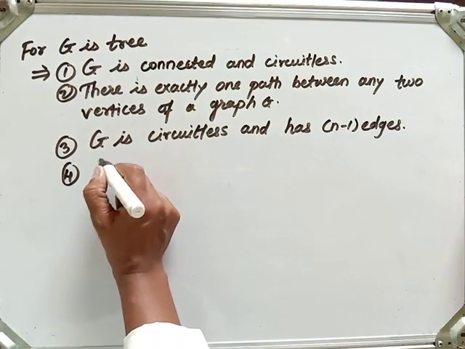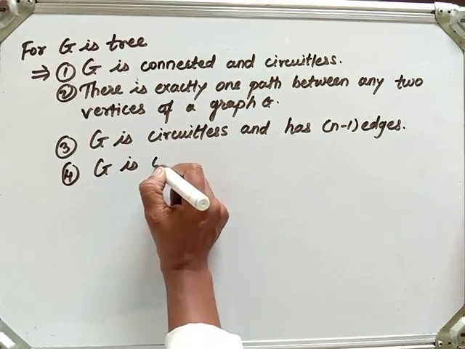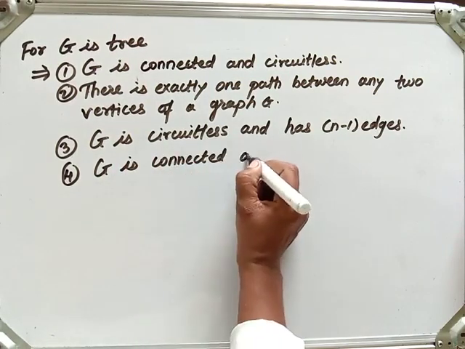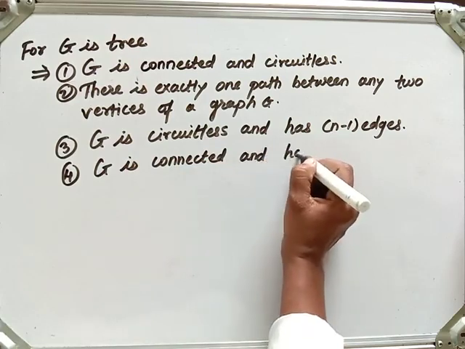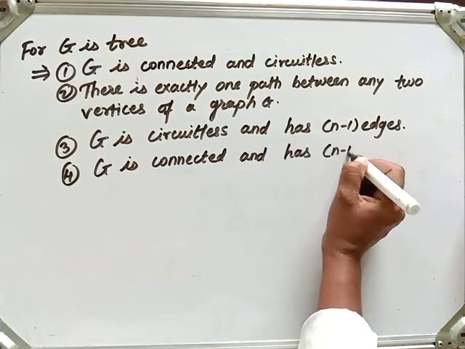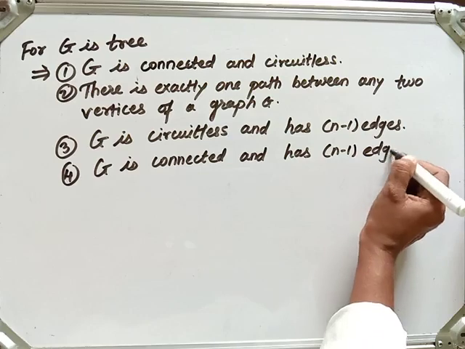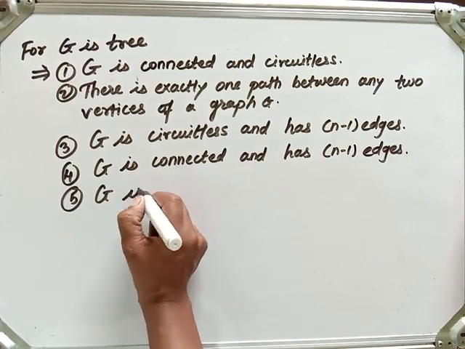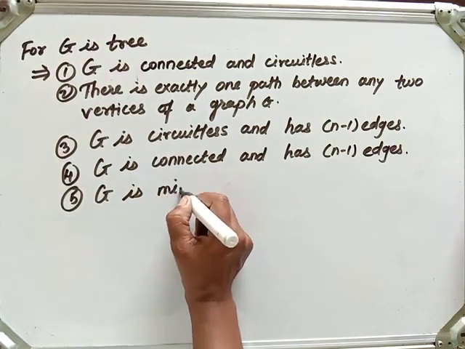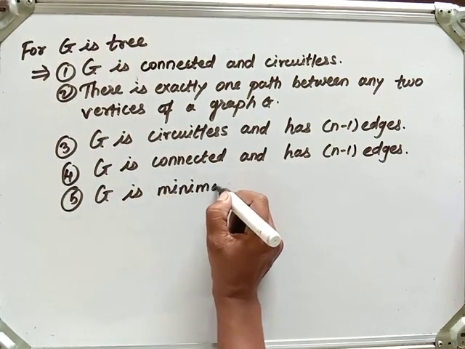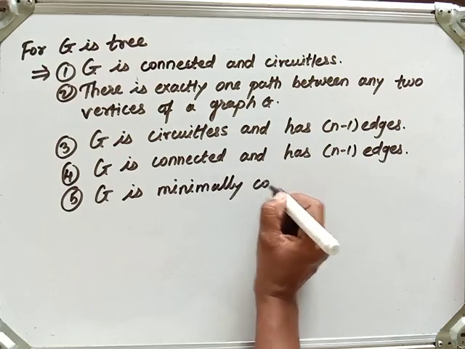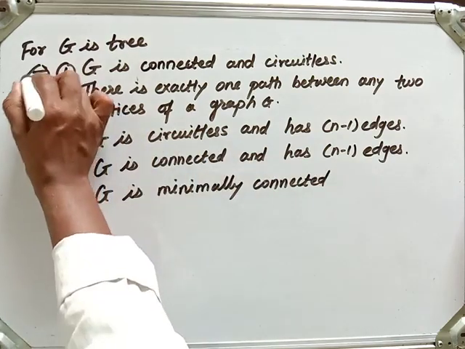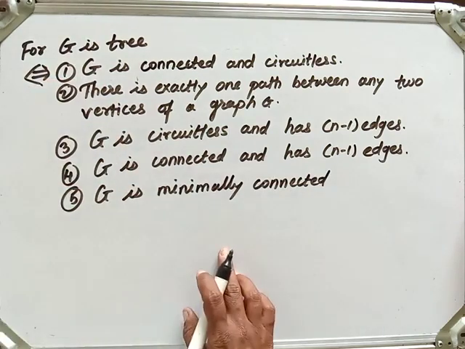G is connected and has n-1 edges. Also, G is minimally connected. All these are what? Equivalent statements for G is a tree. We can say it as such also.